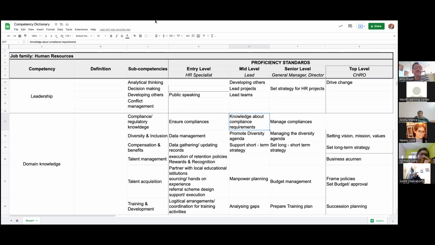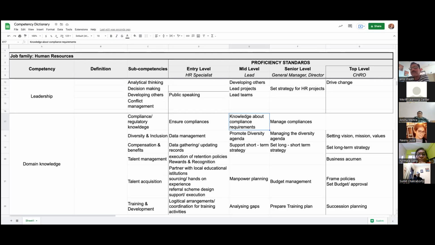At entry level, we have not yet completed, but the thought was that the entry level person will ensure analytical thinking, definitely data management. Then decision making, where he will support through ground data management, to help the mid-level and senior level lead projects or have a strategy on that.